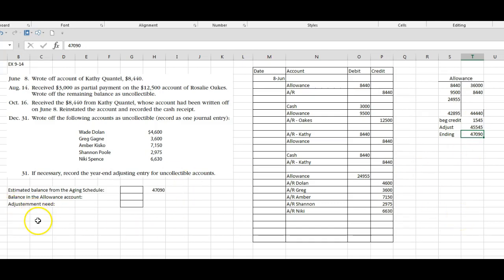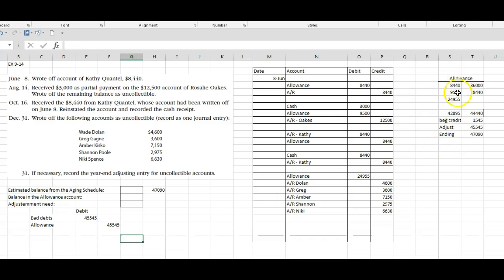And that becomes your bad debts expense. That's your adjusting entry: bad debts, debit, 45,545, and the allowance account gets credited for that amount, 45,545. And that's how you do that.